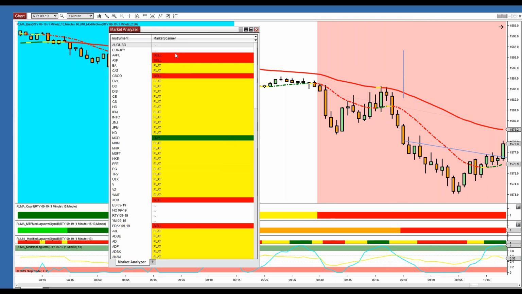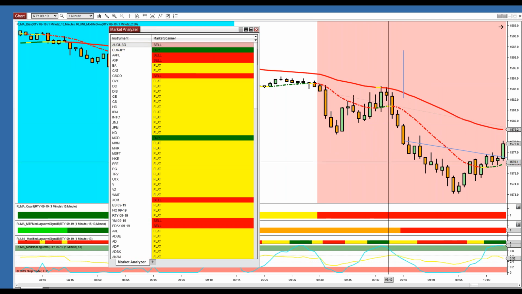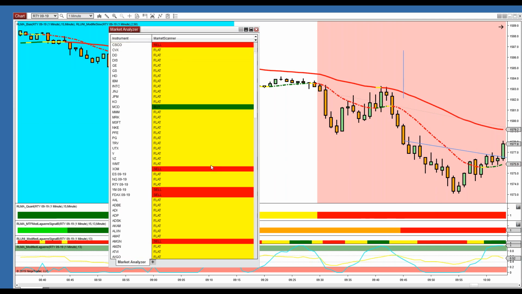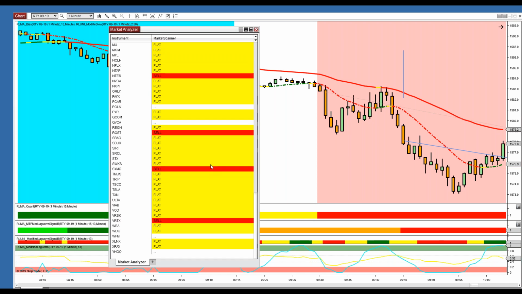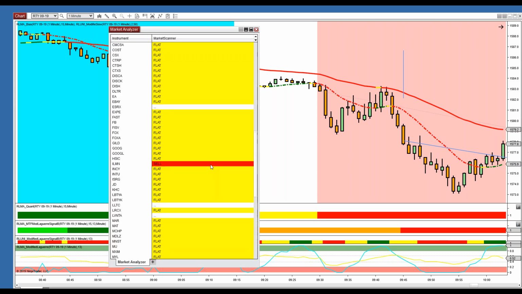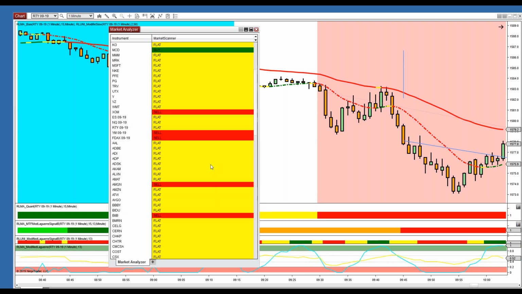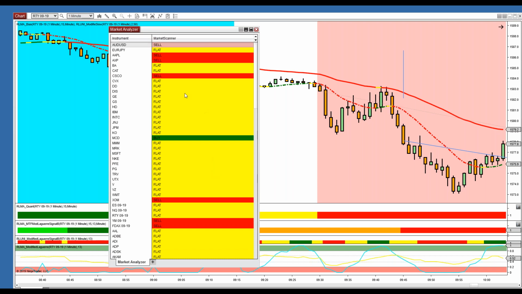Now, Apple's a sell on that long-term time frame, but Apple could have been a sell for a week. We have to check where it is, and what you want to do is get in when you first get the sell signal, because that's where you're probably going to get the juiciest trade.